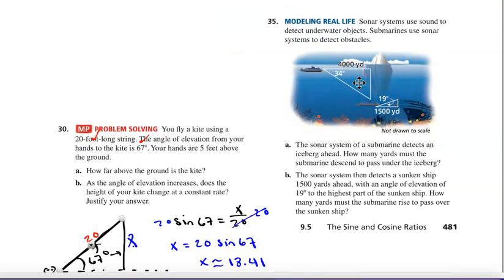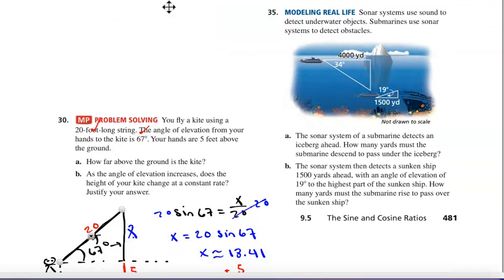Alright, and number 35, let's see, we got a picture here. The sonar system of a submarine detects icebergs ahead. Okay, there's my icebergs. How many yards must the submarine descend? So I need this height here. So I need to know the opposite, and I have the adjacent here.